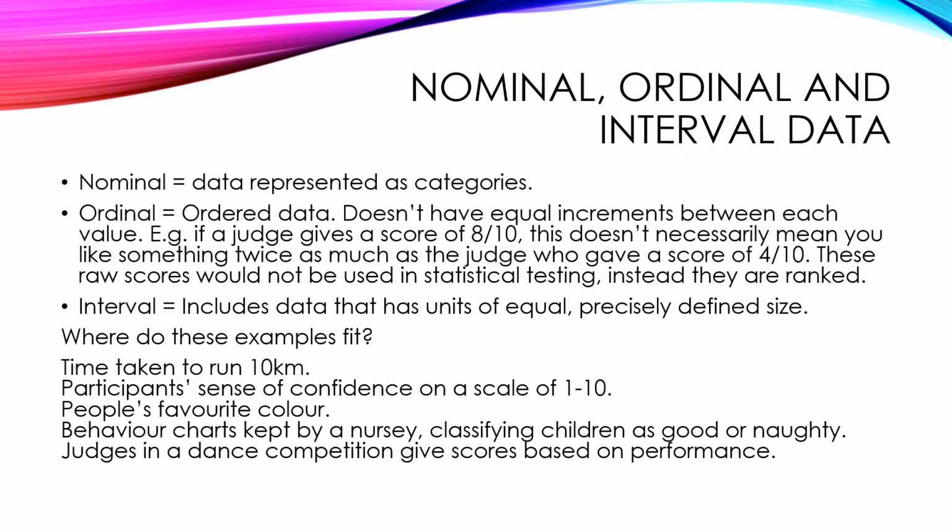People's favourite colour, that is nominal. You can only have one favourite colour. Behaviour charts kept by a nursery classifying children as good or naughty, that is also nominal data. So you're representing these children in categories of either good or naughty behaviour. And then judges in a dance competition give scores based on performance, that is ordinal data.